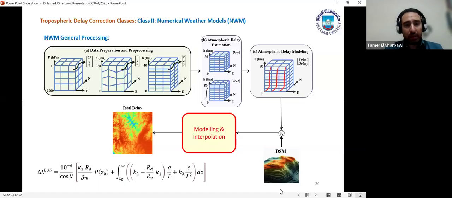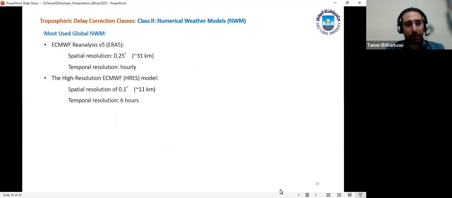This slide shows the main operation of the most recent processing for numerical weather models for correcting the atmospheric delay.